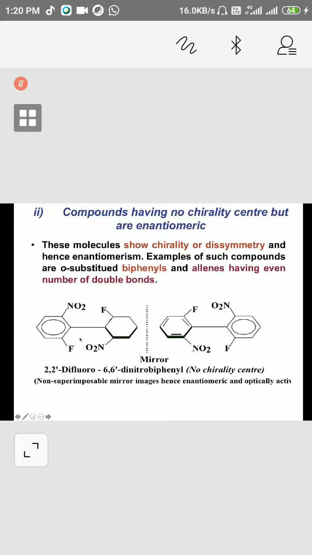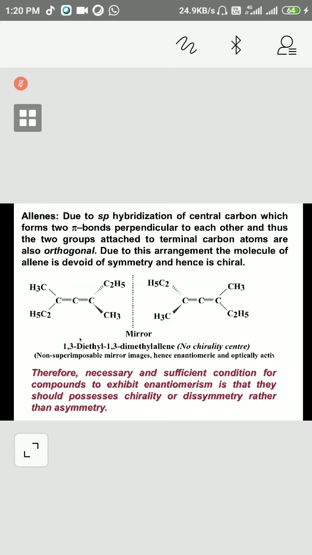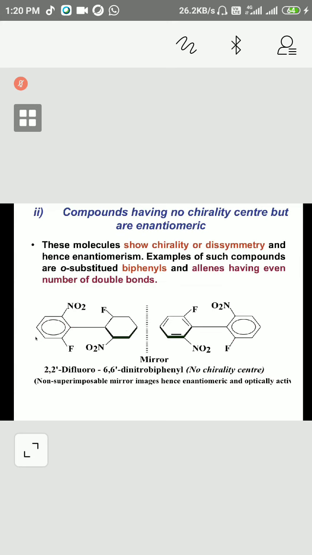You can see in this example, this is the mirror image of this one. So these two are non-superimposable. If rotation were possible, they could superimpose. But there is no chiral carbon. You cannot find any chiral carbon. This carbon, this carbon, not a single carbon is a chiral carbon.